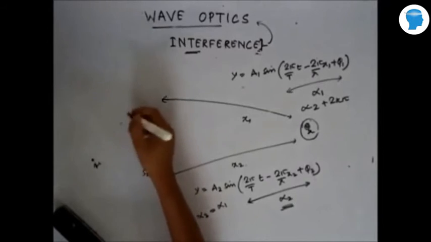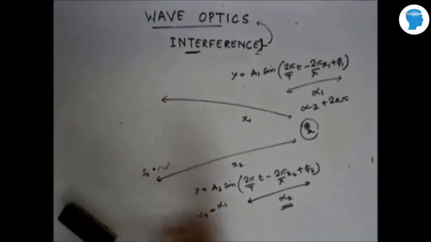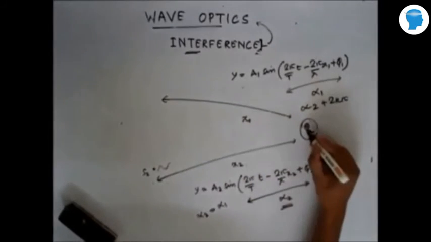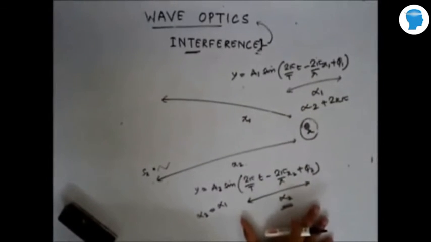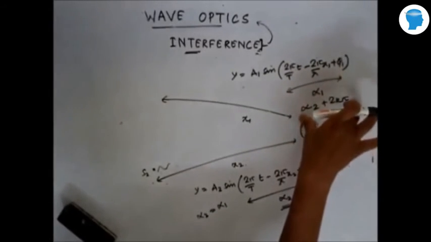Similarly, if these two waves are in phase here, and this has a phase of alpha 2, this has to have a phase of alpha 2 plus 2k pi.